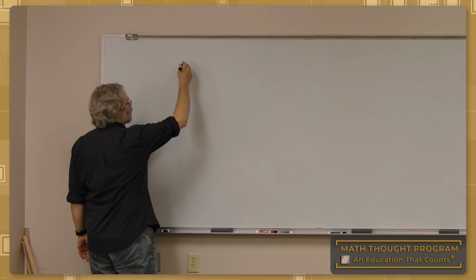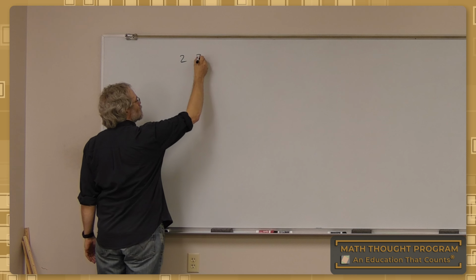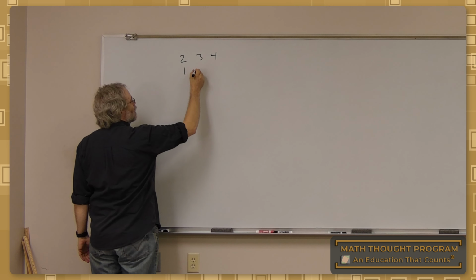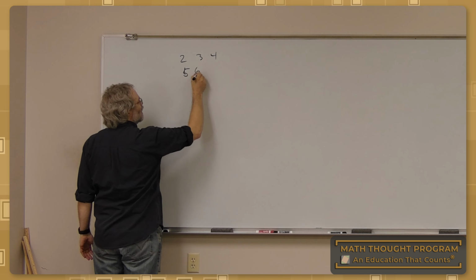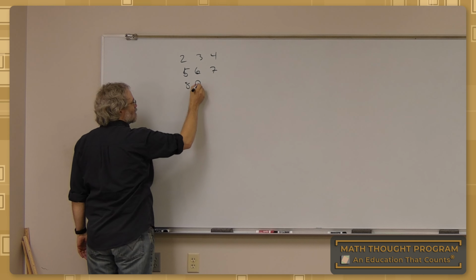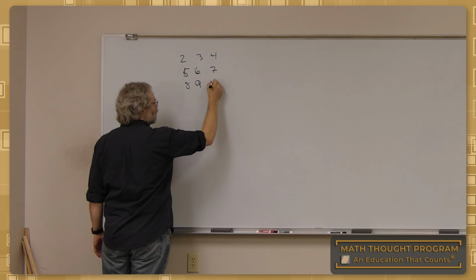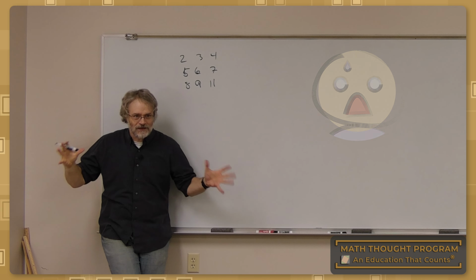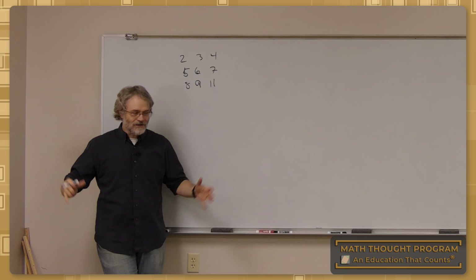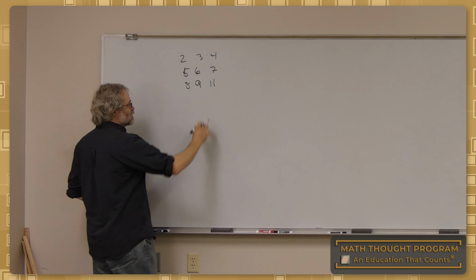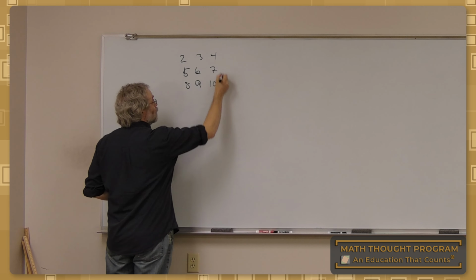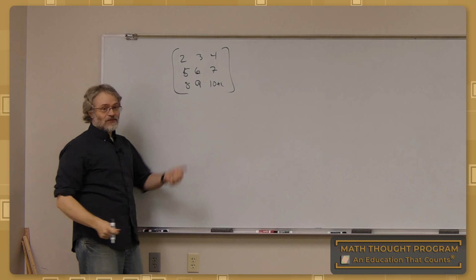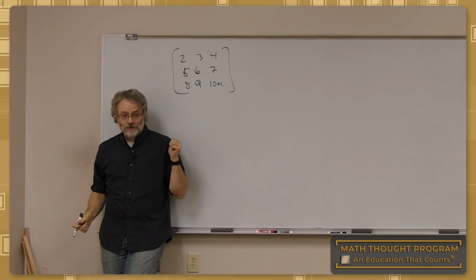But for the most part, we're talking about something like 2, 3, 4, 1, let's say 5, 6, 7, 8, 9, and then 11. Just to make your OCD go crazy because I didn't say 10. I said 11 instead. Just remember, it's really 10 plus 1. Okay, anyways, there's your matrix right there.